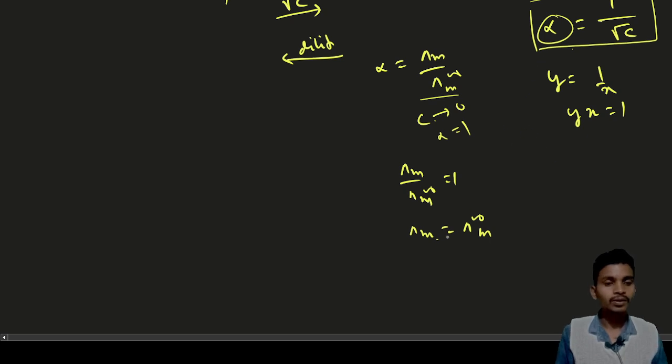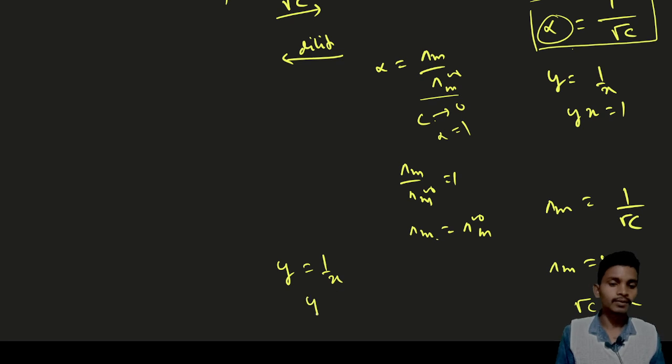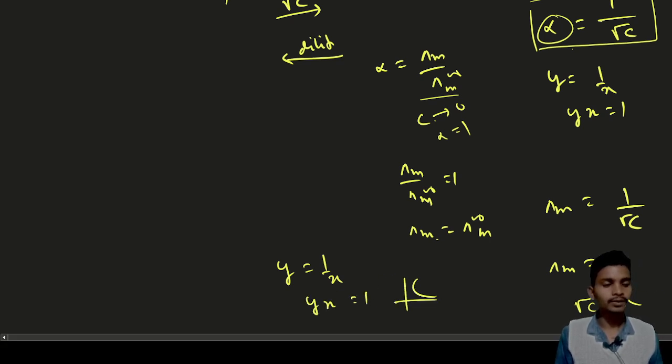So we can take this value of alpha as this value, then that becomes 1 upon root C. If I take this as y and root concentration as x, then we know that y equal to 1 by x, then yx equal to 1, that will give a hyperbola.